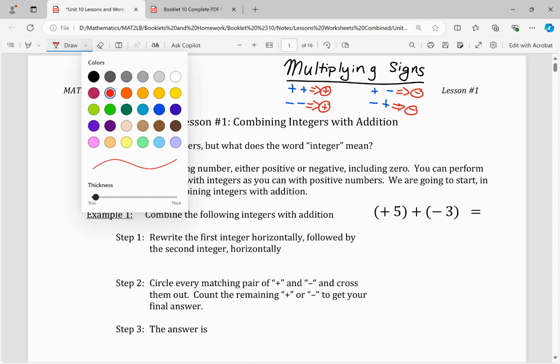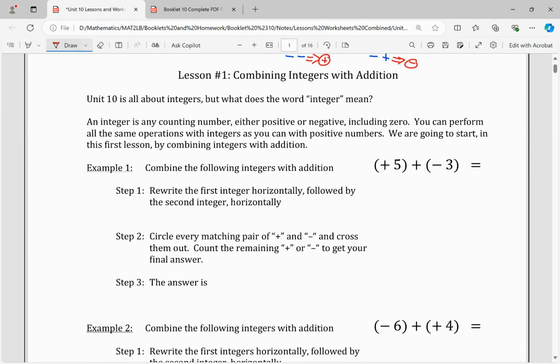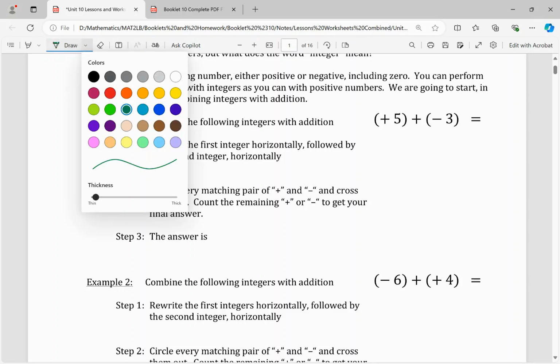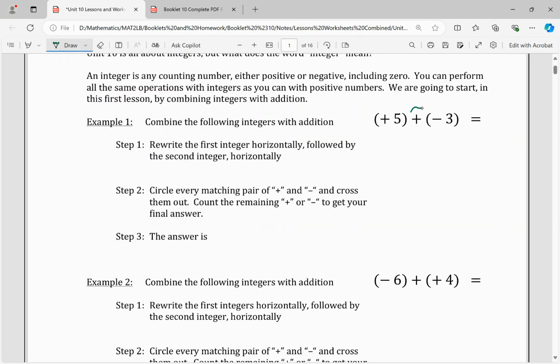Now, why is this important? Well, as you can see here, we are adding two numbers. We have positive 5 plus negative 3. Now, that's a lot of pluses and minuses. So the first thing that you might want to do is you might want to simplify these two signs right here.